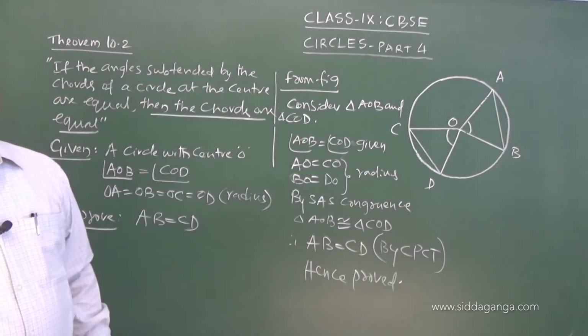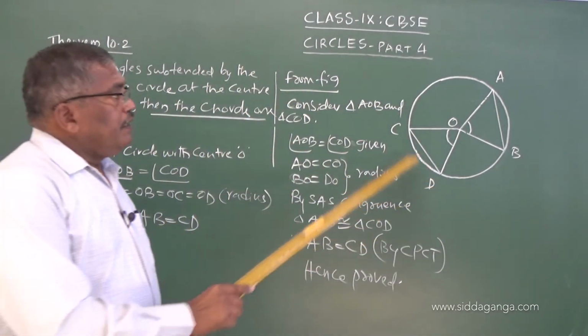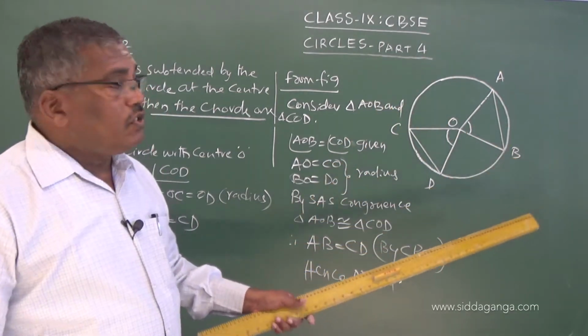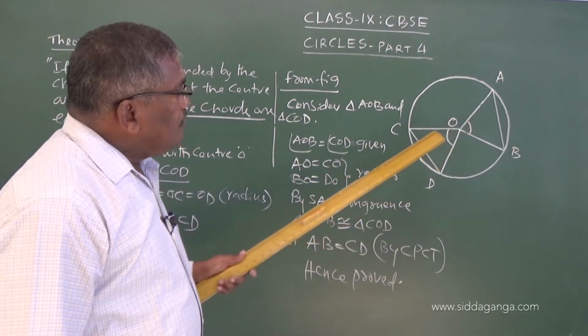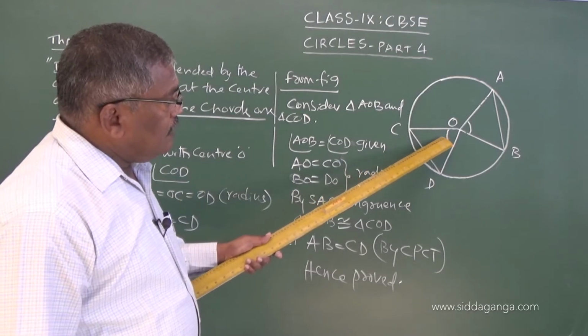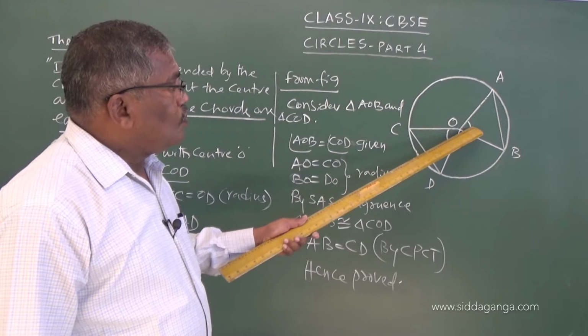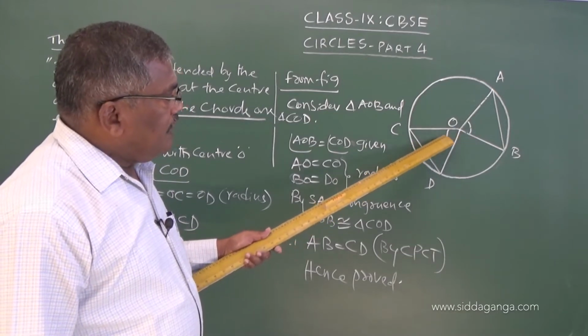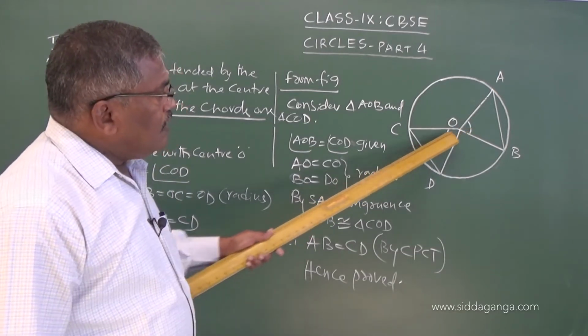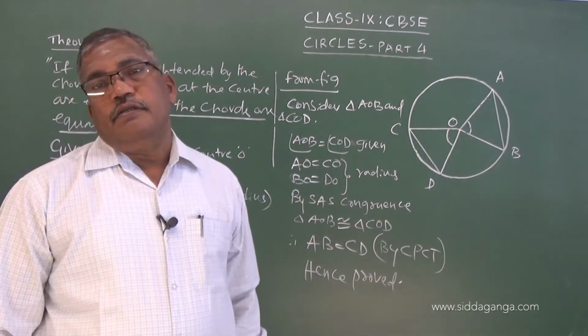So therefore we can say, if in a circle two chords are equal, the angles formed at the center by those two chords are equal, and if the angles are equal, the chord lengths are equal.